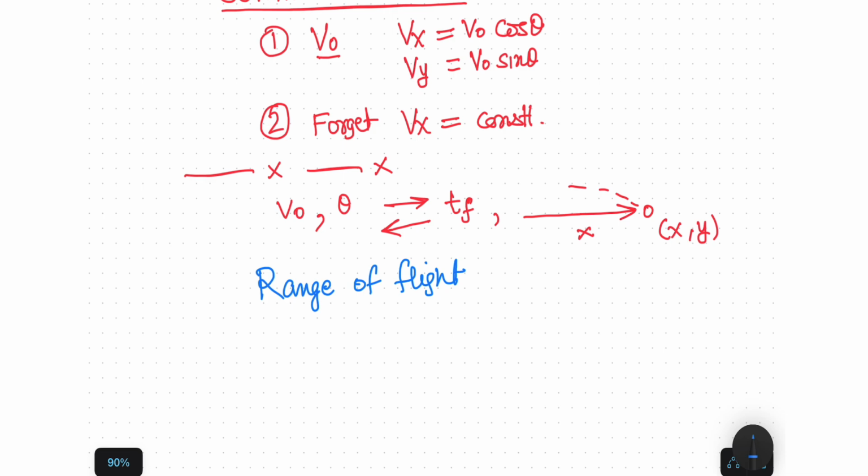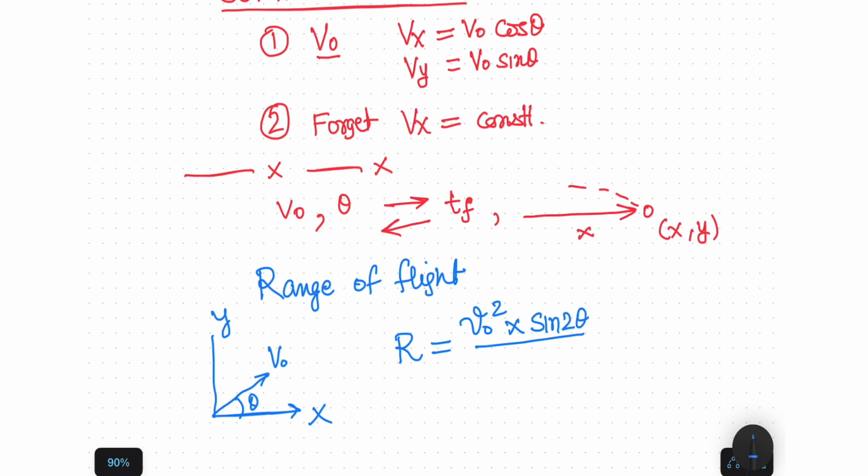For example, this is x and y, and this is our initial speed given with respect to theta. So how far will this projectile land? In that case we use the formula of range: R is equal to v naught square multiplied by sin 2 theta upon g. So this simplifies our problem.